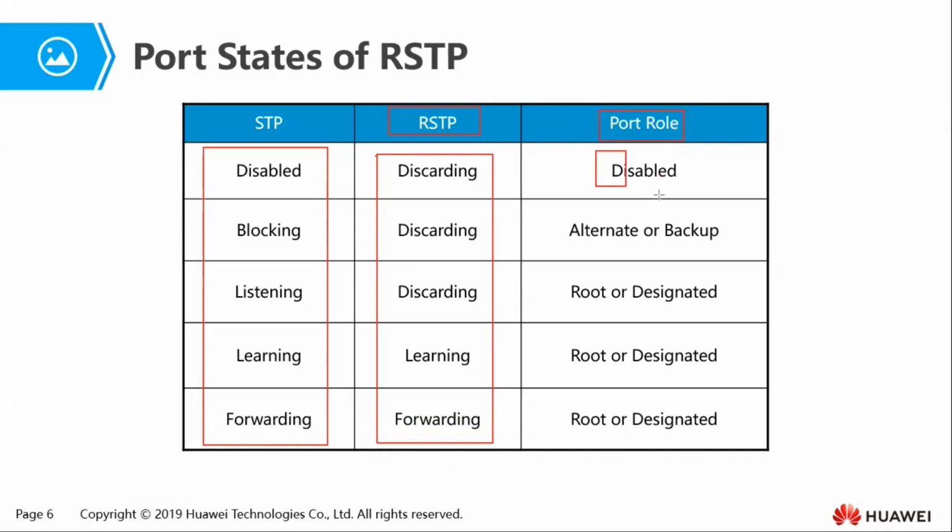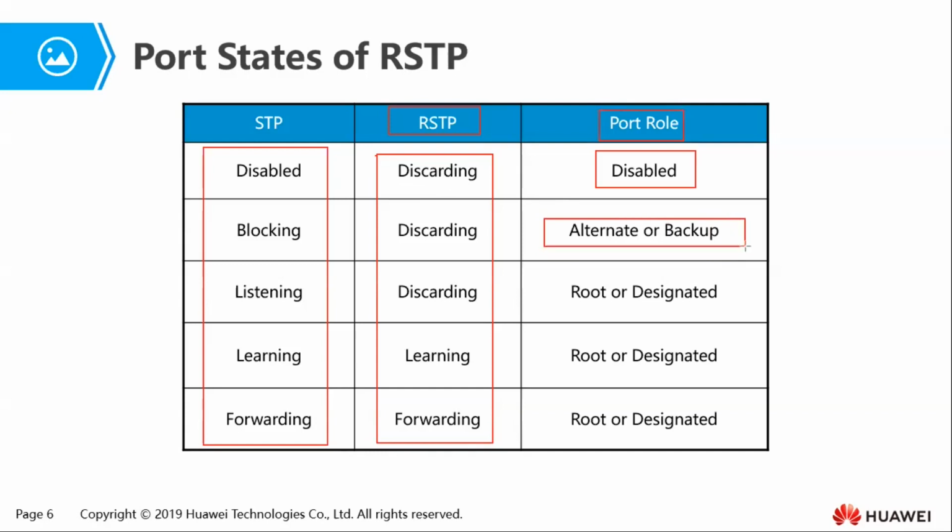When a port is disabled, that is, it has been shut down or it has not been interconnected to another end device or another switch, we call it disabled. It will be in discarding state. In discarding state, you cannot forward user traffic, you cannot learn MAC addresses.